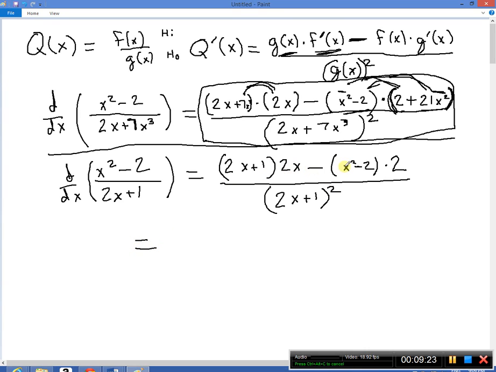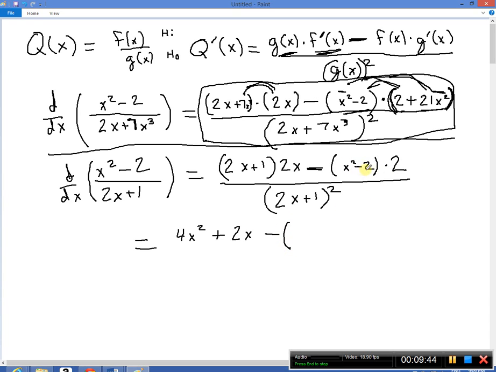All right, so what do you have? Looks like I'm going to have to multiply this all out. So I get 2x times 2x, which is 4x squared, plus 2x times 1, minus, and now here's what I always do. When you've got a minus and it's going to be complicated, I just put an open parenthesis here and just multiply it out straight.